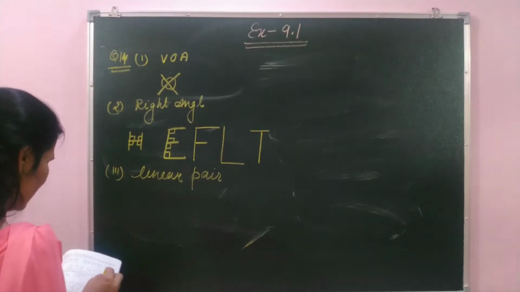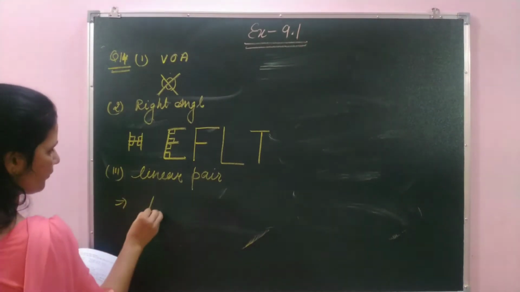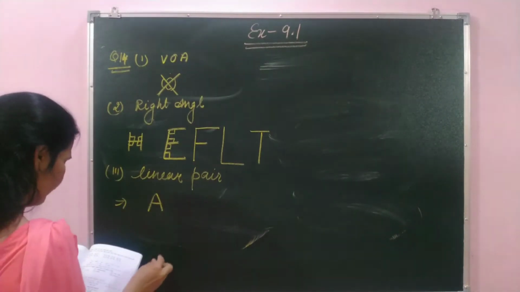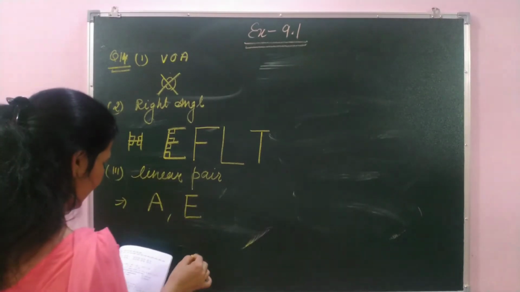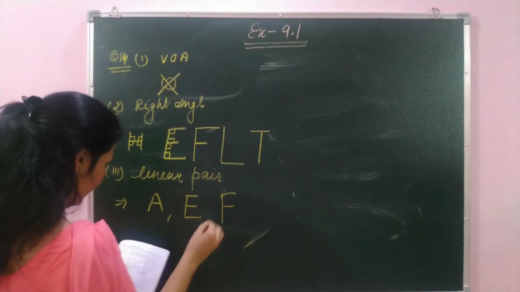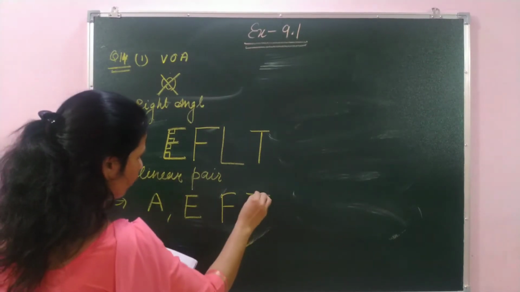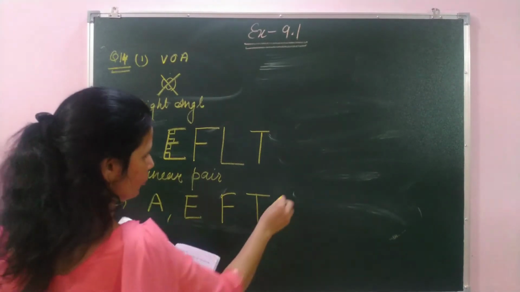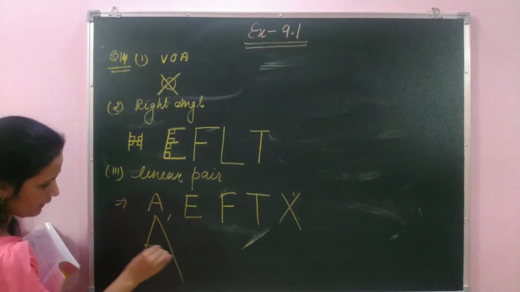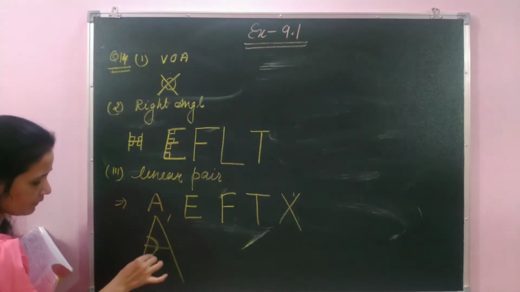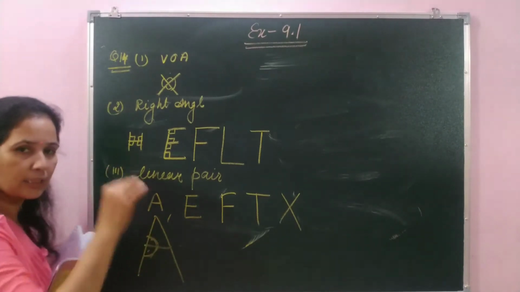So the first one is A, then E, then F. Now the doubt might occur in your mind how these angles show a linear pair. I will show you. In A, here is a linear pair. These two angles show the linear pair.